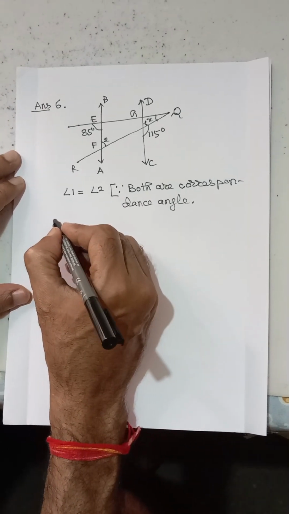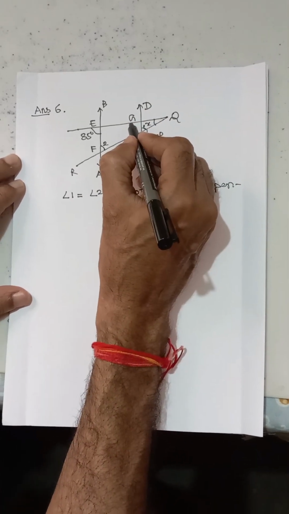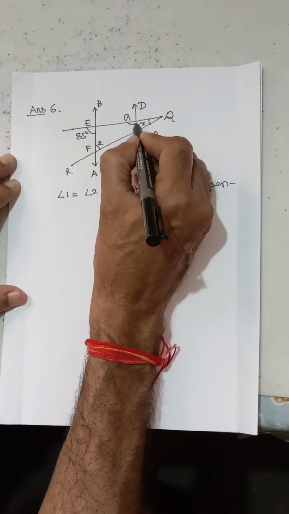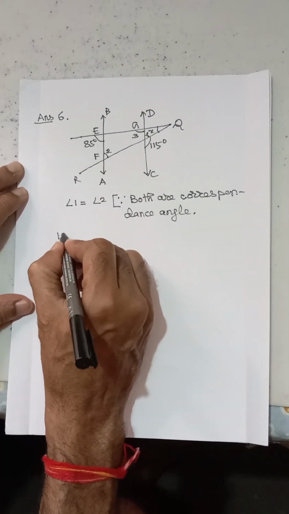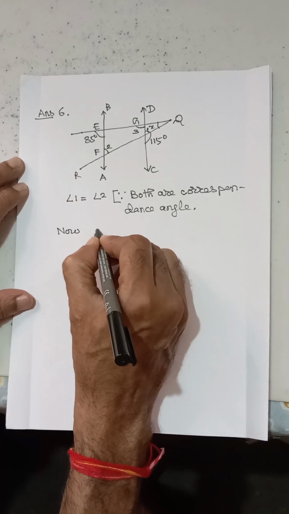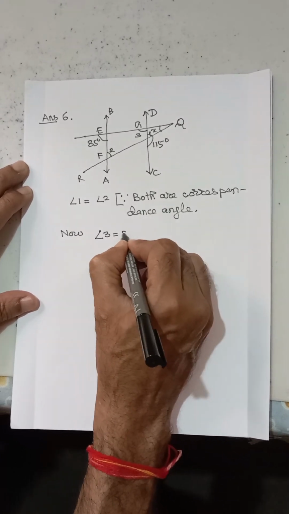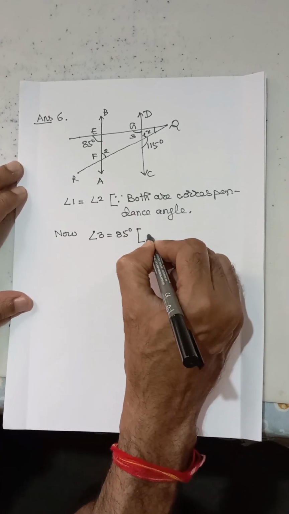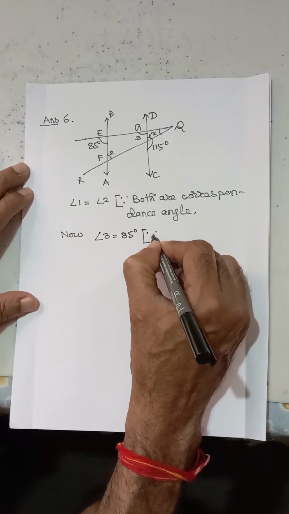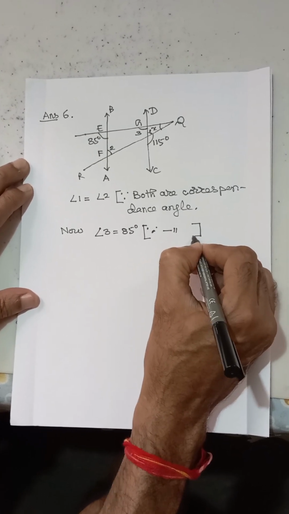Now let this angle be angle 3. Now angle 3 is equal to 85 degree. Same is the reason, since both are corresponding angles.